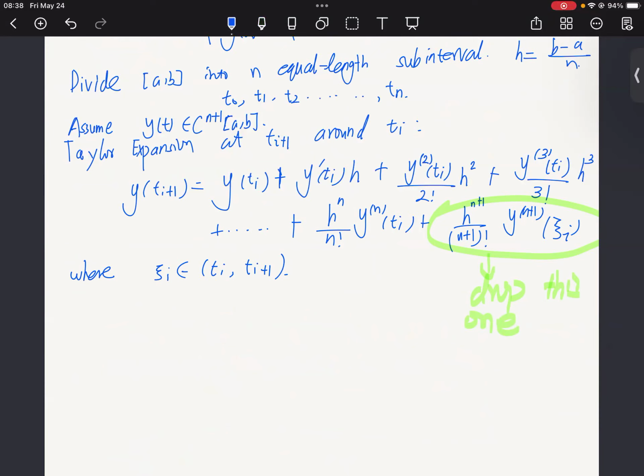And here w_i is the approximation to the value y(t_i), and w_i satisfies the following equations.